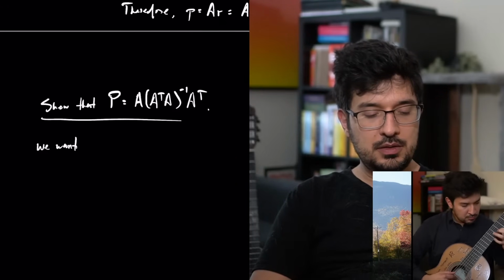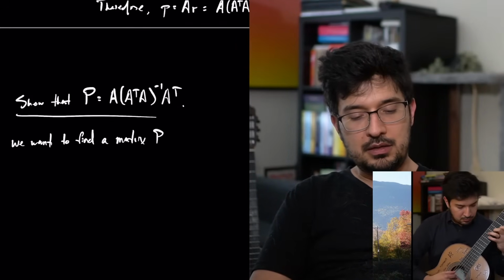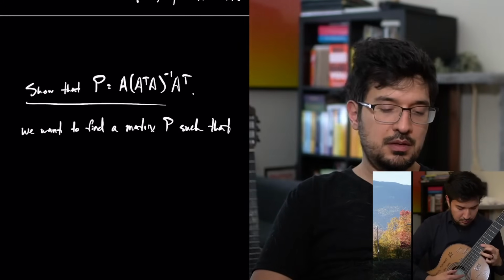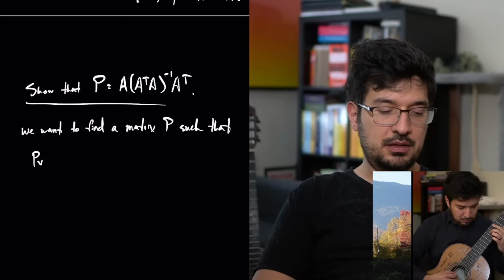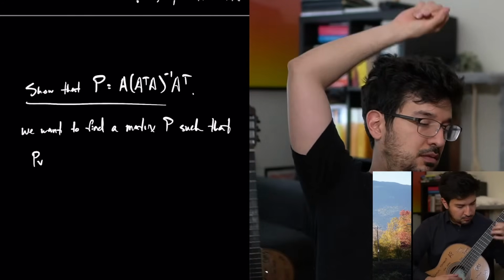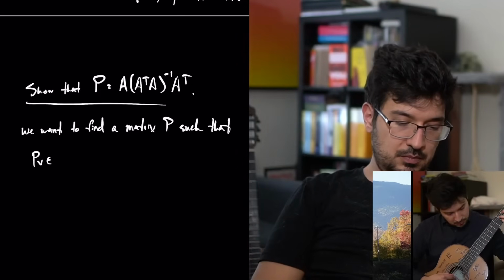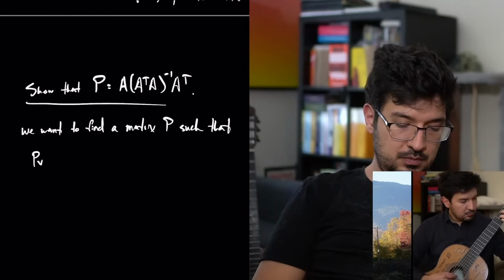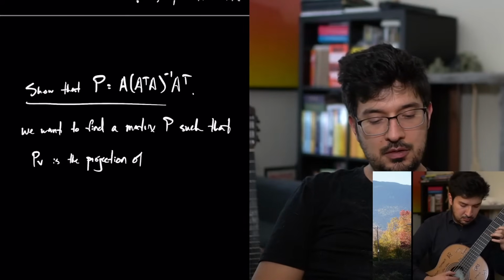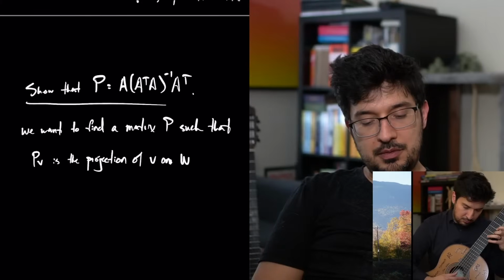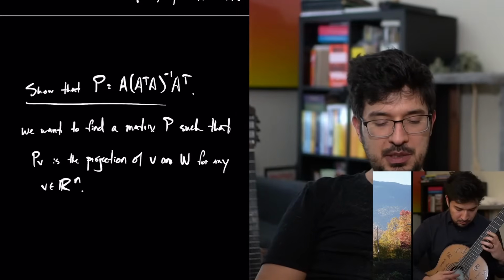We want to find a matrix P such that PV is the projection of V on W, for any V in, are we assuming real numbers?